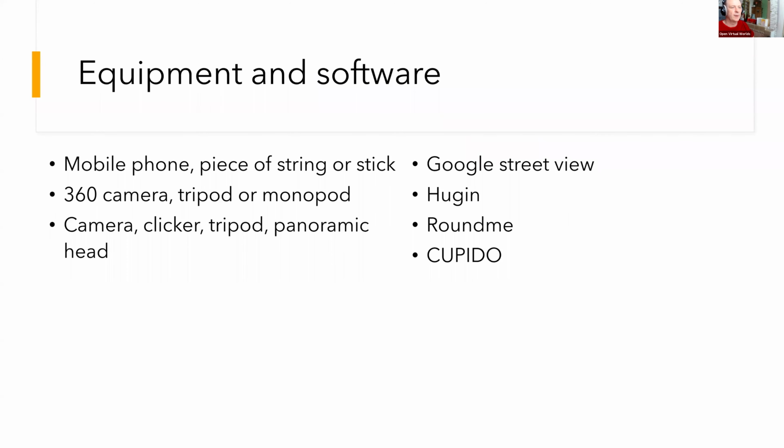So that's one way. As I said before in the small group discussion, there are three ways that we can make a piece of spherical media. The first is with our mobile phone, following the instructions that you get in Google Street View, to create a 360 image. The second is to have a specific 360 camera, which is a good way to progress.